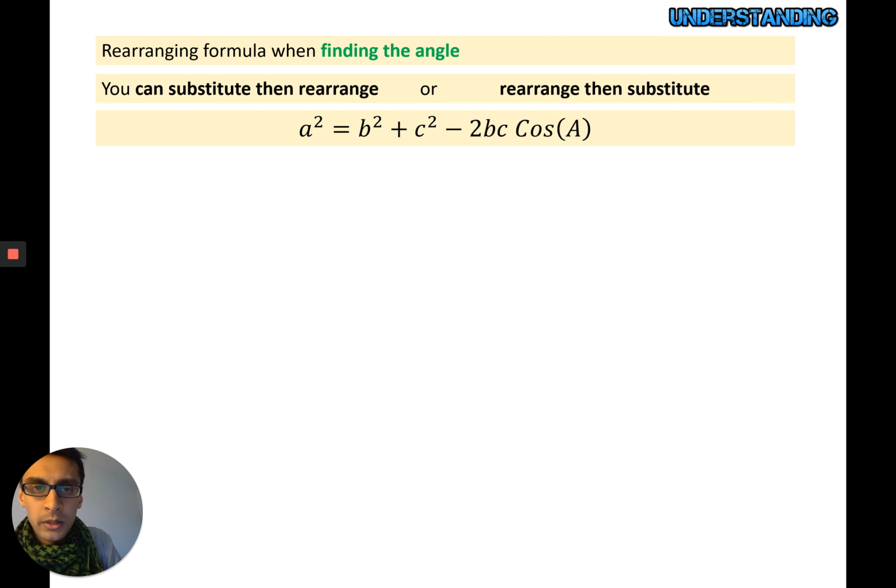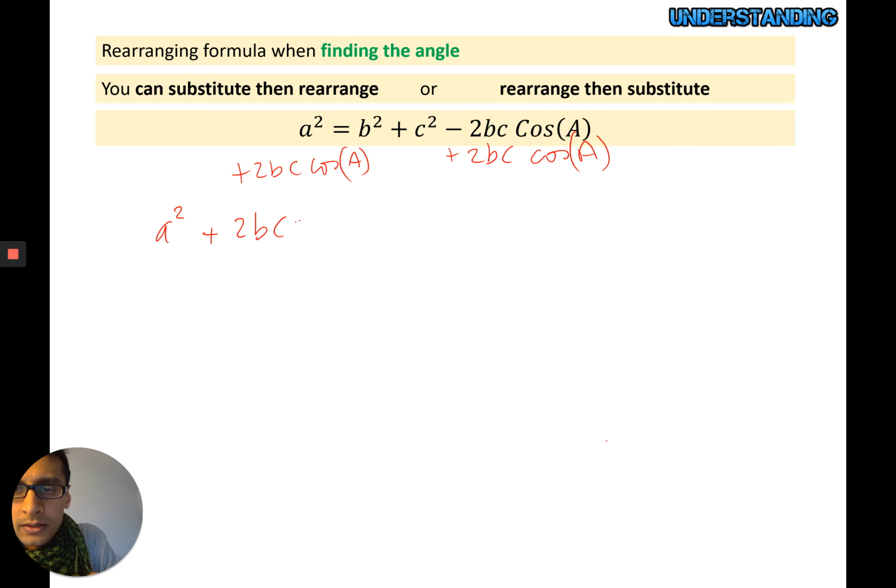To rearrange it, I want to make cos A the subject. Because there's a negative sign there, I'm going to add 2bc cos A to both sides. I then get a squared plus 2bc cos A equals b squared plus c squared.